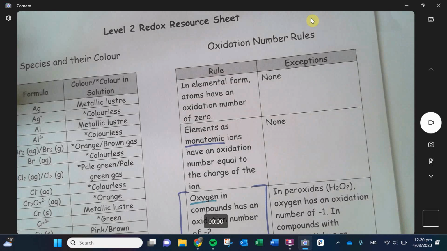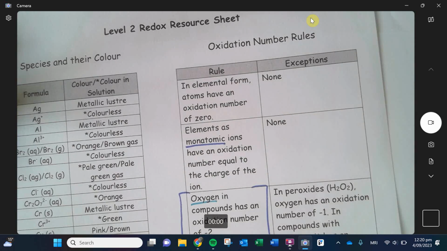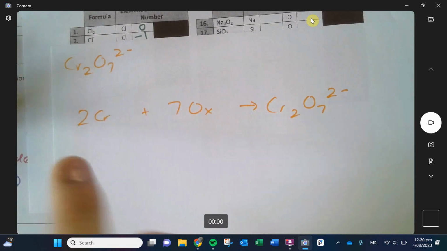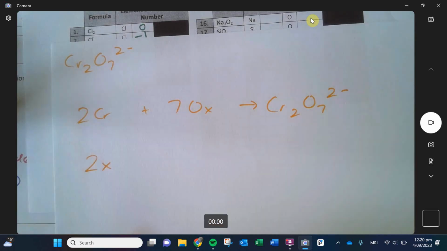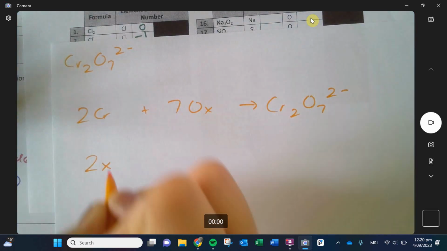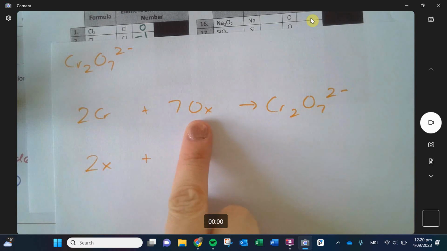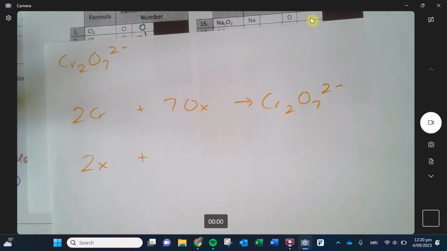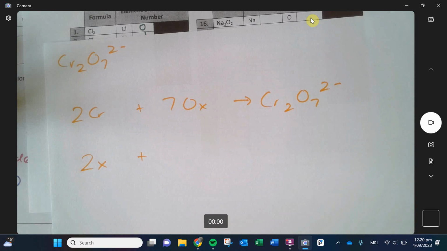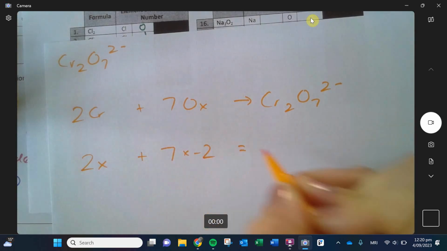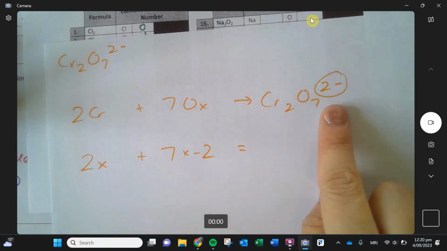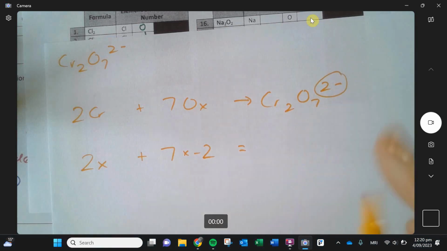So that's going to be my unknown and my X value. Now, since I have 2 chromium atoms, I'm going to go 2X. Plus oxygen. Again, that oxygen is not in peroxide, so it's going to be negative 2, and it's not in the element form. So 7 times negative 2. And I'm setting it equal to the charge of this polyatomic, so setting it equal to negative 2.